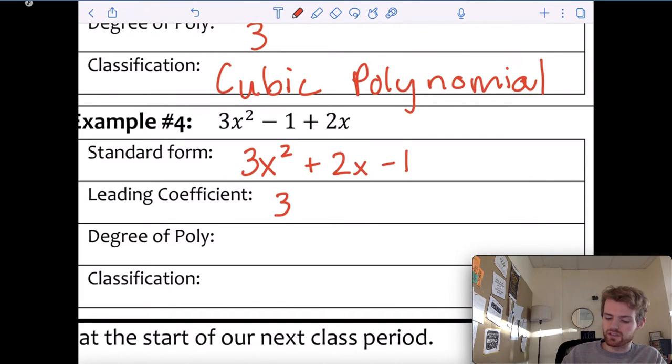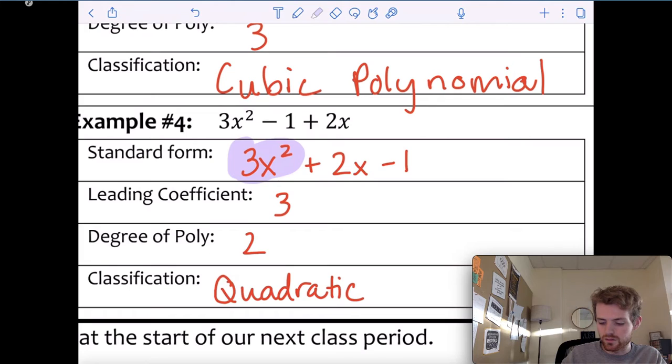Here the leading coefficient is 3. The degree on that is 2. A second degree is a quadratic. How many terms does it have? It has 1, 2, 3. So a quadratic trinomial once again.